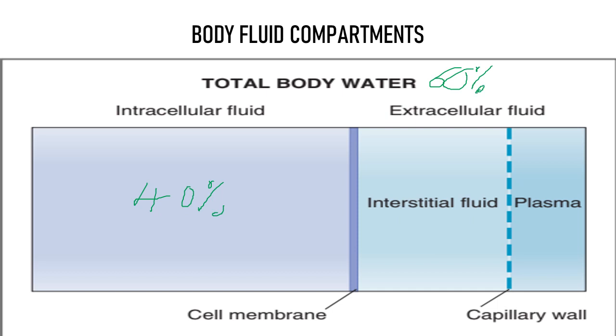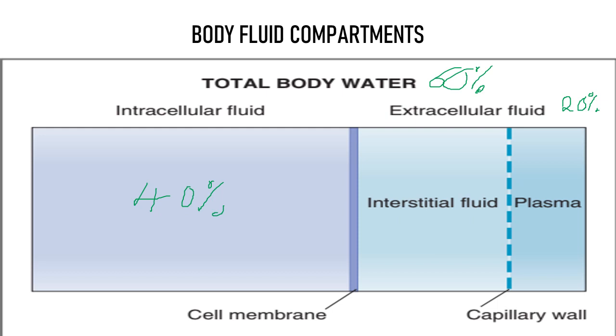Then the extracellular fluid compartment is 20%. This extracellular fluid is divided further into two sub compartments, interstitial fluid and plasma fluid.